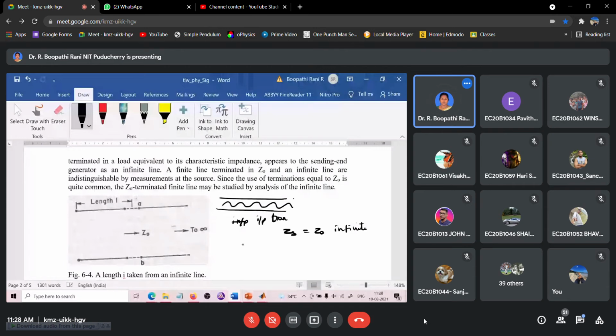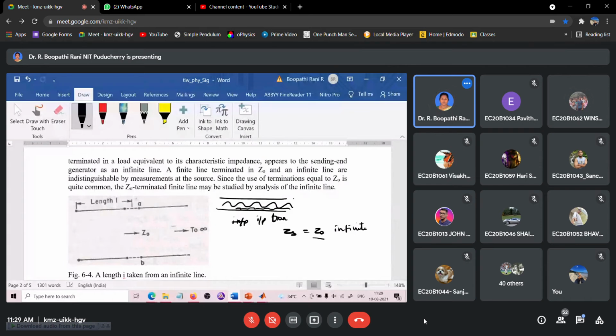The reflections will not reach the source for the infinite line. So ideally we want the line to behave as an infinite line, but that is not possible. For a finite line, if we terminate with the characteristic impedance, it behaves as an infinite line. The behavior of a finite line terminated with its characteristic impedance is equal to an infinite line.